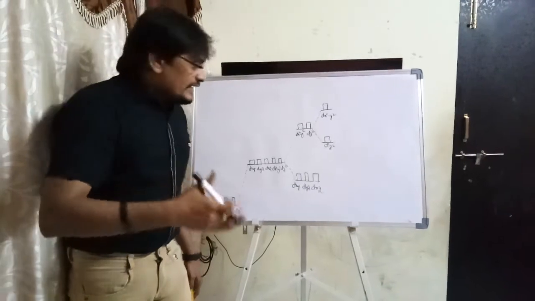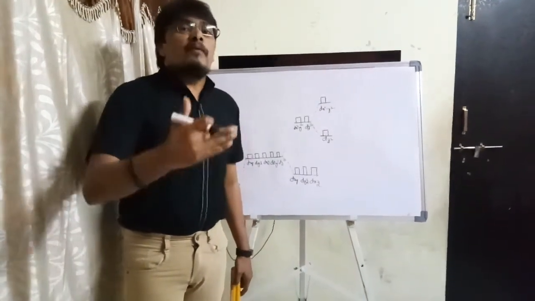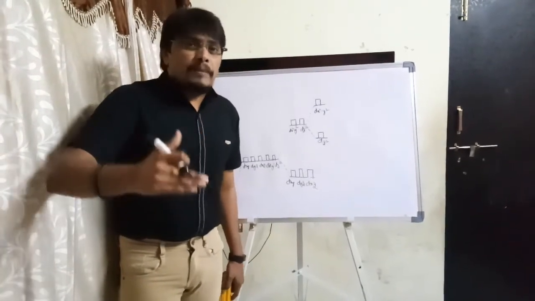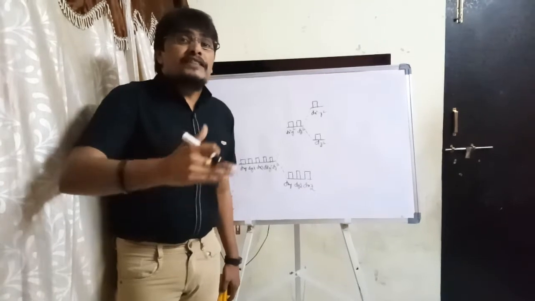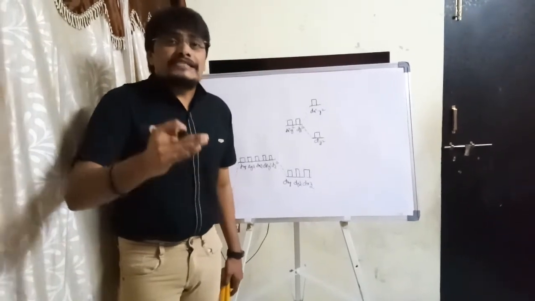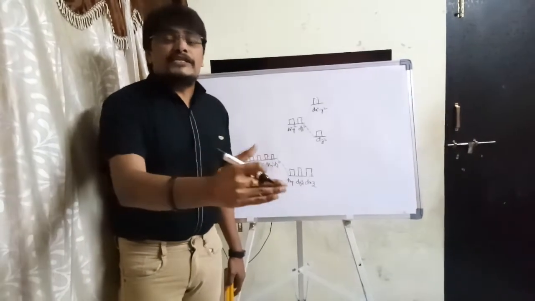Now, how is the dxy d orbital formed? The dxy d orbital is formed by placing the lobes in between the x and y axis. What does it mean? The electrons are sitting in between the x and y axis. Direct influence is not there.